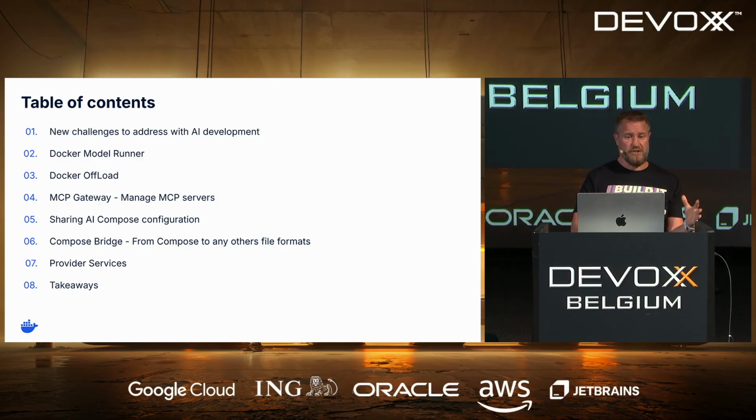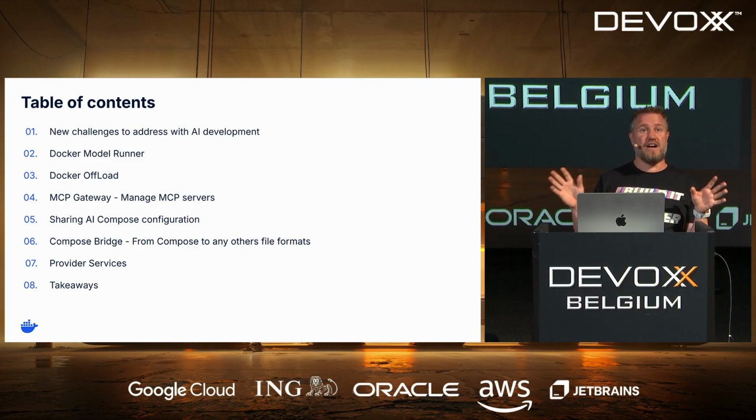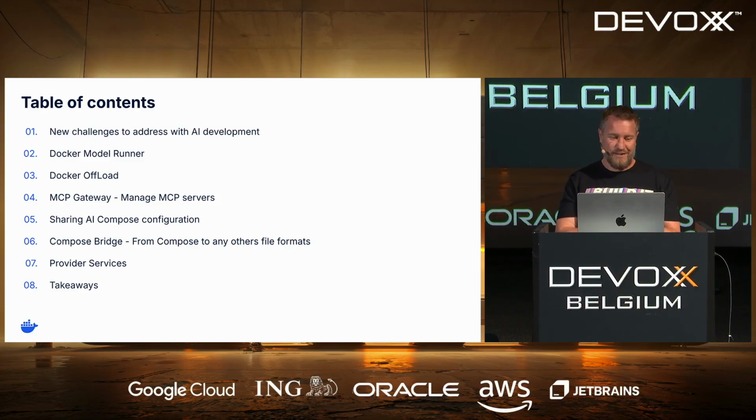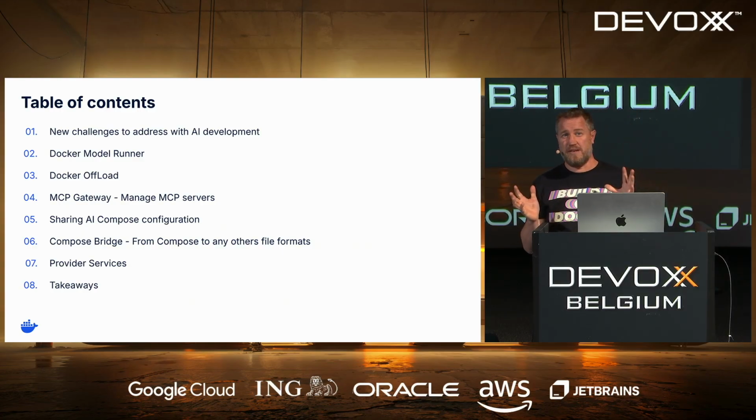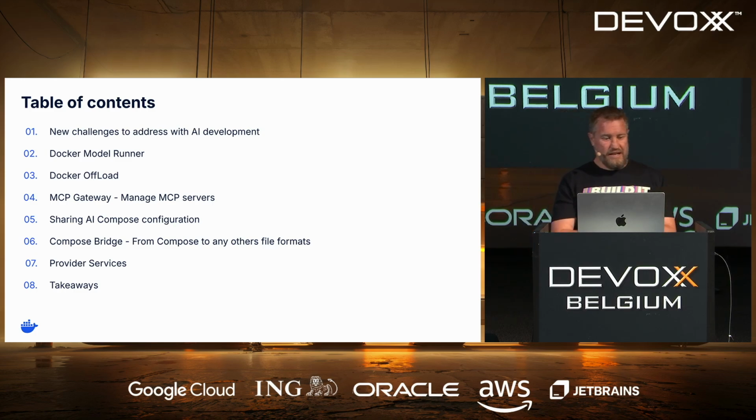The first one will be Docker Model Runner. We will also see Docker Offload, which will be the only paid feature, and all the others are open source, so don't be afraid. There will be the MCP Gateway, a way to manage multiple MCP servers, and how you can share your Compose application very easily across your team or distribute it to your customers.